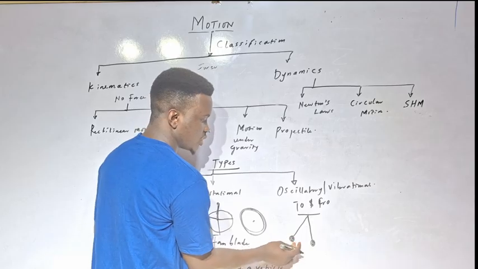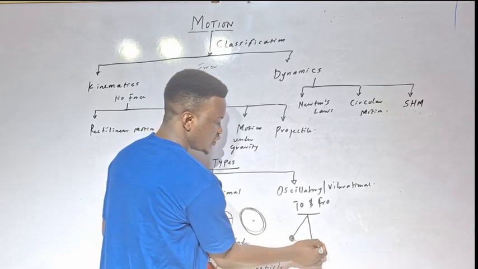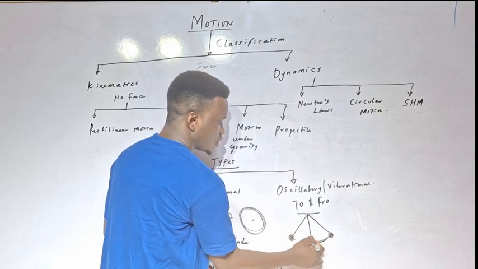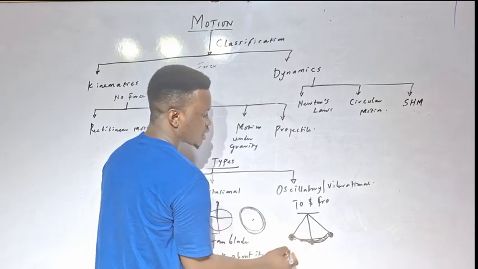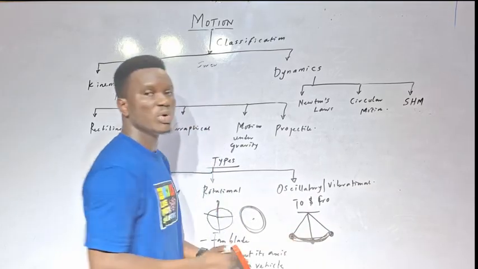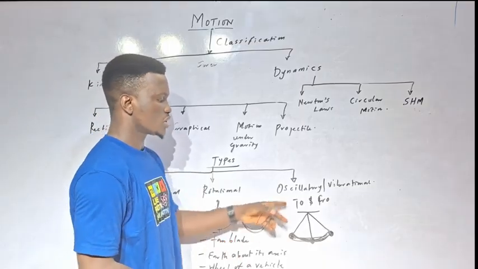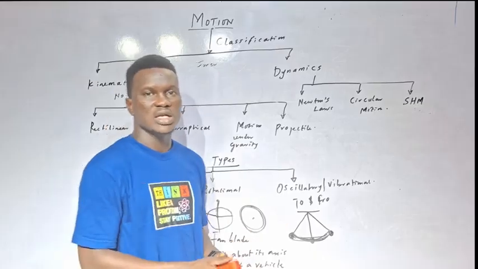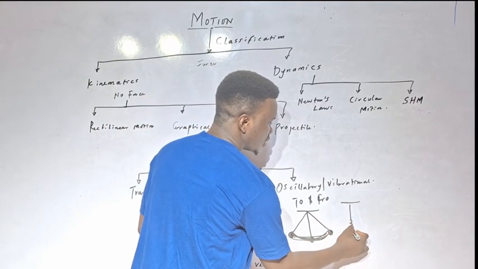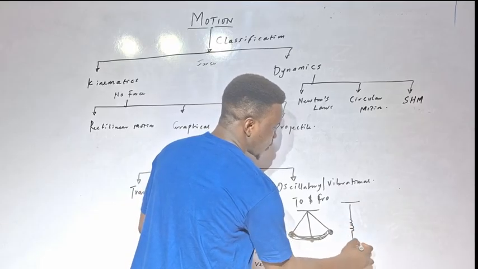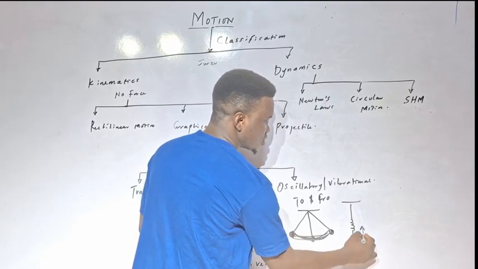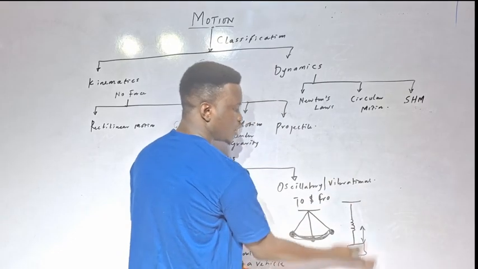When you let it go, it keeps going forward and coming back, to and fro about this equilibrium position. So we call it oscillatory motion. Another example is a mass on a spring. When you load a spring with a mass and you pull it, you will realize that the spring will keep going up and down, up and down.